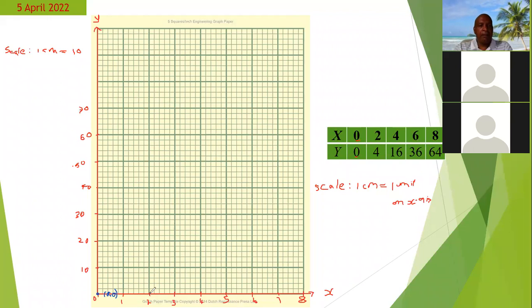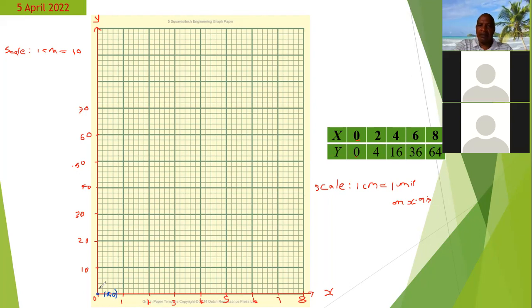Now, remember, 1 centimeter is now 10 units on the y-axis, but you want 4. So what you have to consider is those tiny boxes. If 1 centimeter equals 10 units, one of those tiny boxes is going to be equal to how much?